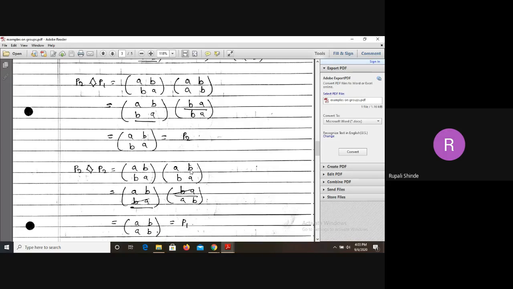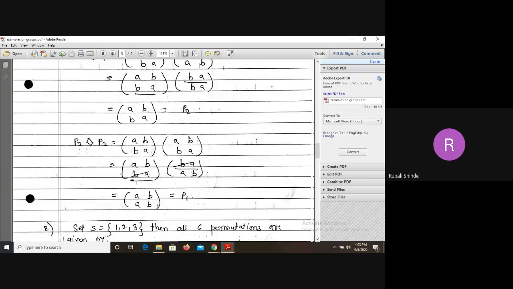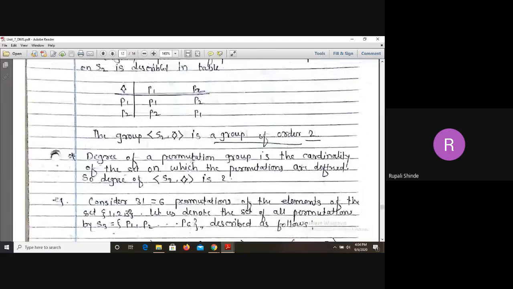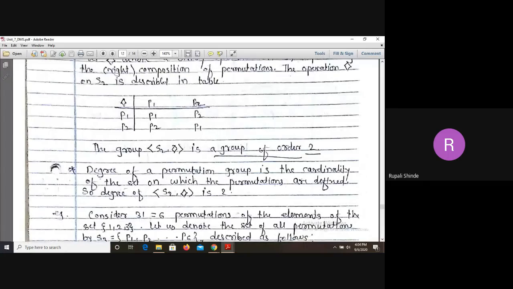So again we have to convert this AB into BA, and that's why we need to interchange the columns. The BA, BA will get cancelled and you will get AB, AB, and this is the value for permutation P1. That's why we have written in this table that P2 permutation P2 is P1.